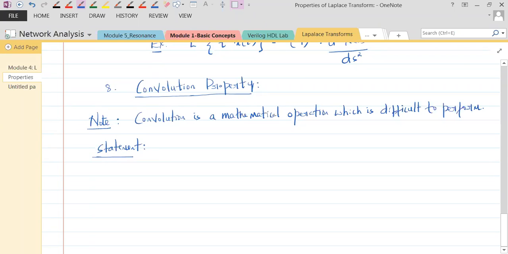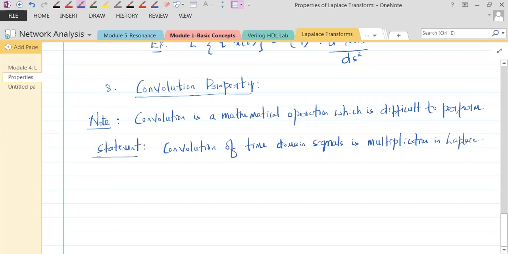Convolution property tells us that convolution of time domain signals is multiplication in Laplace domain. This is the meaning of it.